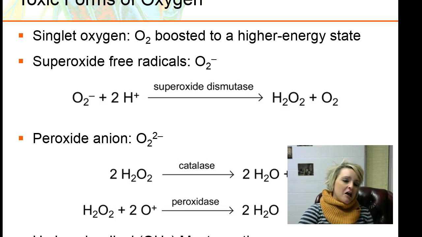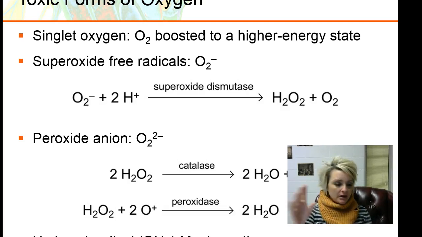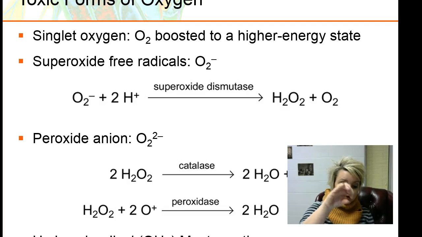The peroxide anion is interesting because H2O2, which is hydrogen peroxide, is something that a lot of people have a misconception about. I remember when I was younger, my mother, I would fall, scrape my knee, whatever, and my mother would set me up on the sink, and she would take out her hydrogen peroxide, and she would pour it on my knee, and she would say, "Look, you can see that it's working."